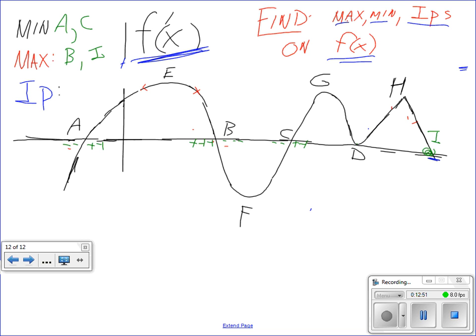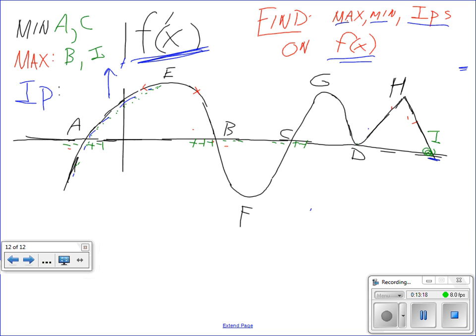Okay, what about inflection points? Well, what's an inflection point determined by? It's the second derivative, right? The second derivative is just the slope of this first derivative that you're looking at. So you see right here, the slope of this is positive, so it's concave up.